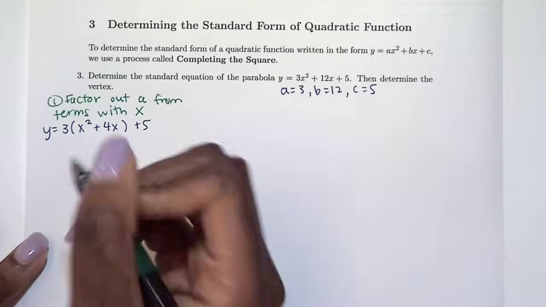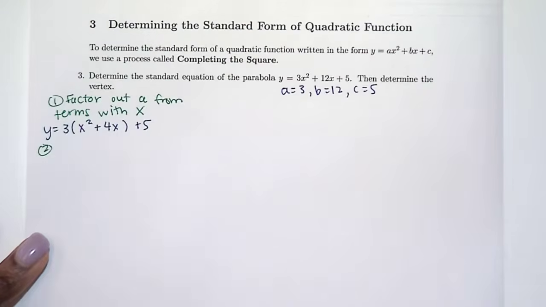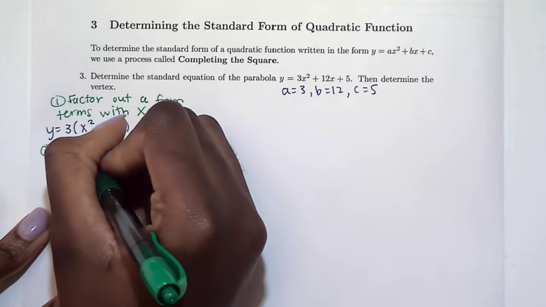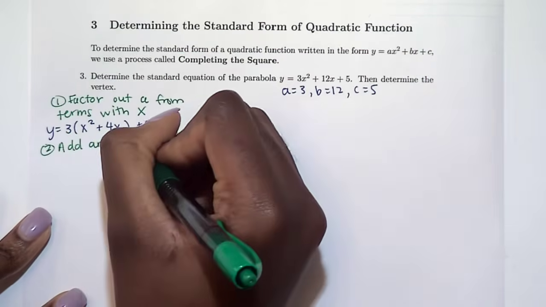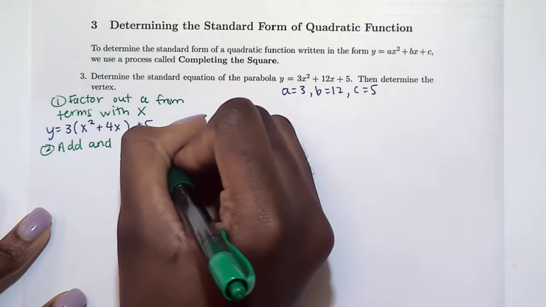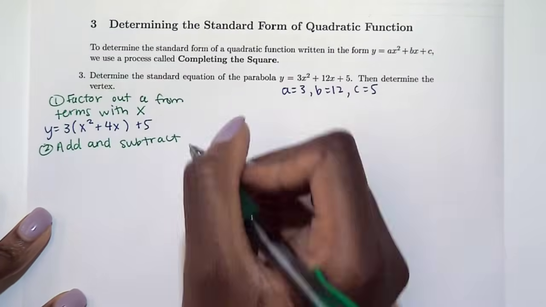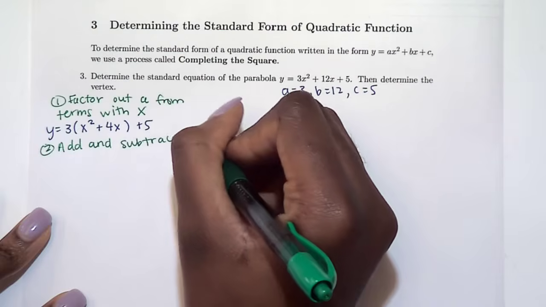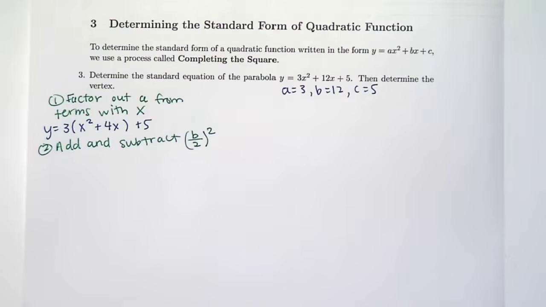All right, so the next step is to add and subtract b over 2 squared. So that seems kind of random. We're going to add and subtract b over 2 squared.